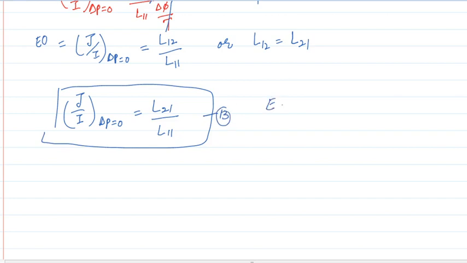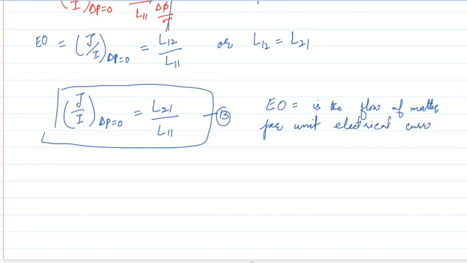From this equation we can simply define the electro-osmosis as the flow of matter, that means J, per unit electrical current in the state with uniform pressure.